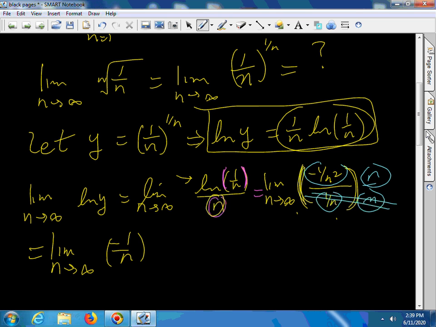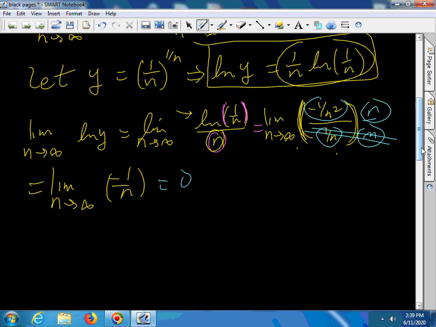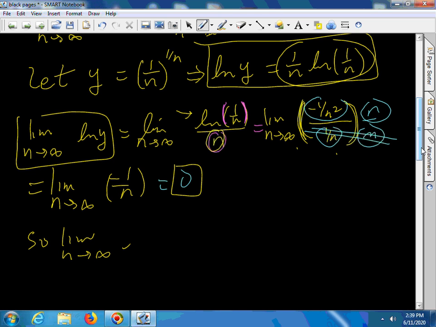And this times this is negative 1 over n. Now this limit is 0. So what we have is the following. We have this is equal to 0. So the limit as n goes to infinity of ln of y equals 0.